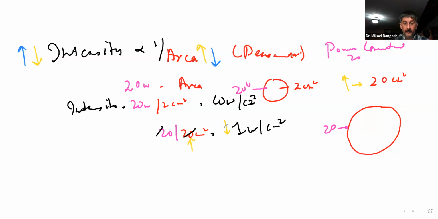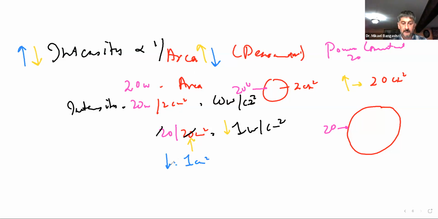Now we may go the other way around and ask, what if we decrease the area? Compared to our initial, we decrease the area from 2 down to 1 centimeter squared. The power is the same, 20 watts.